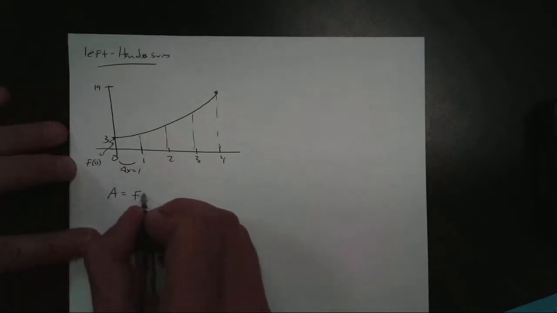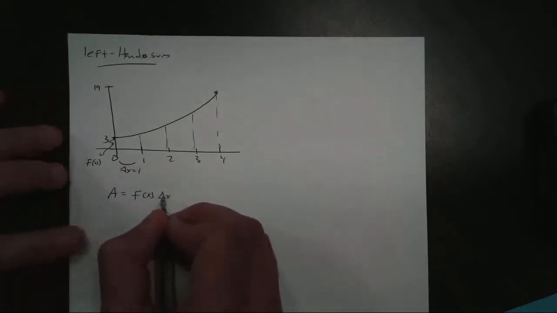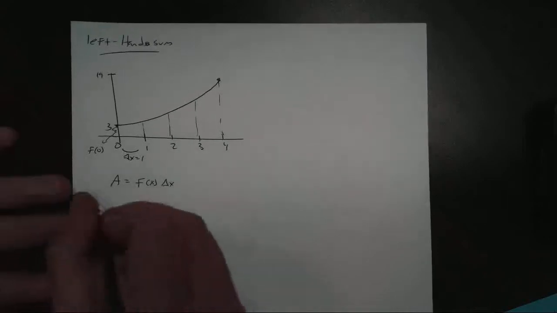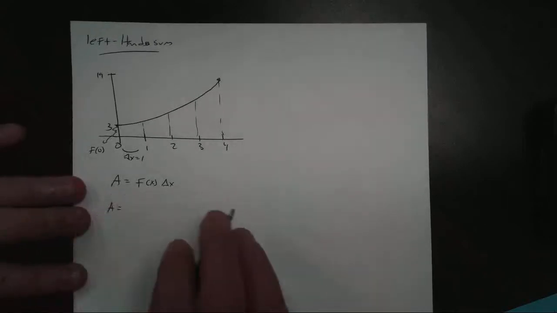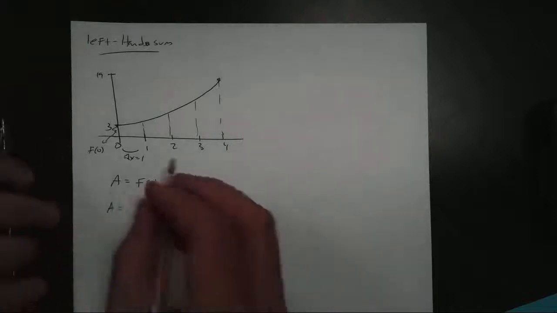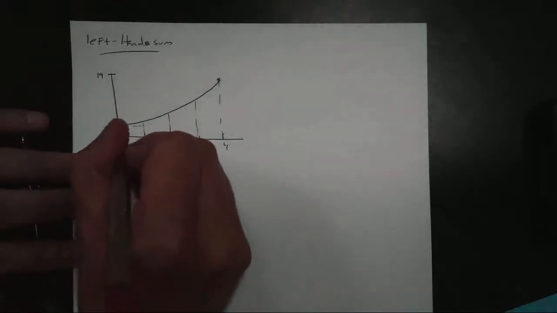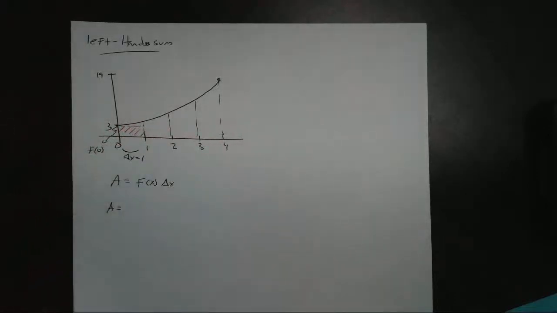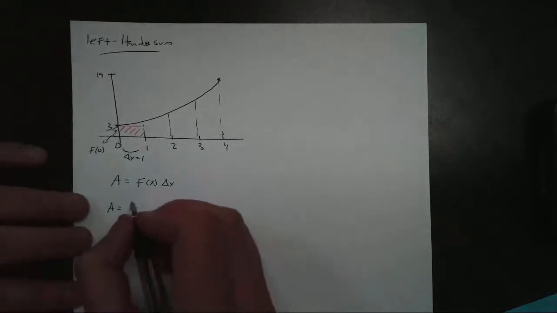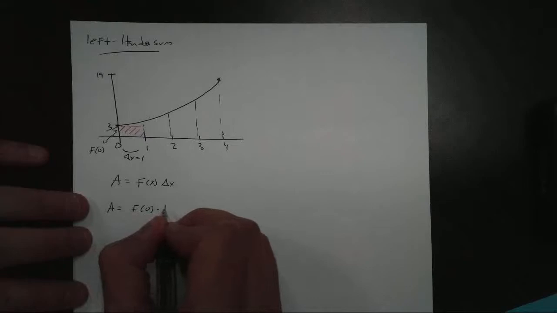So the formula is still the same: f of x delta x. I'm going to find the area of each rectangle. So for the first one, picking the one on the left, there's our area. To get the area, it's going to be the value at 0 times my delta x, which is 1.